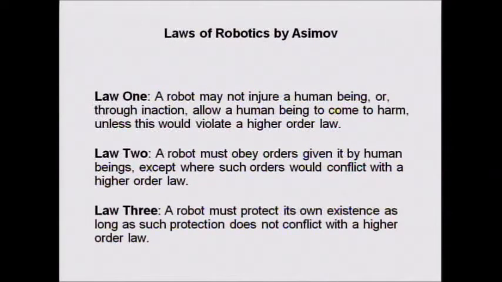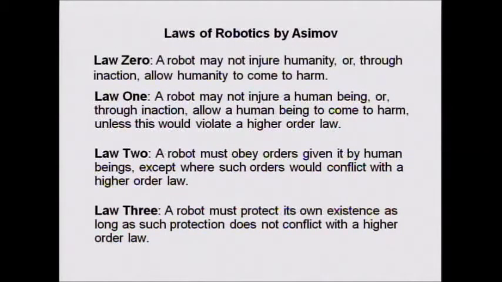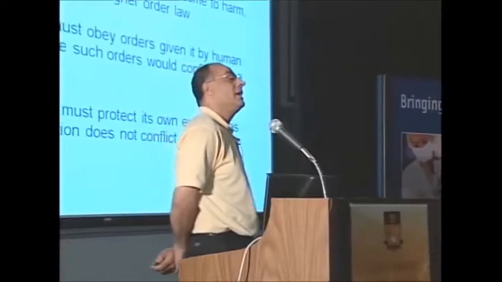You cannot do law 2 unless you are sure law 1 is satisfied. And law 1 says do not injure a human being. Throughout his stories, Asimov decided that he needed to add another law, law 0, which looks at humanity collectively. It says that we have to be sure that we don't injure or harm humanity.